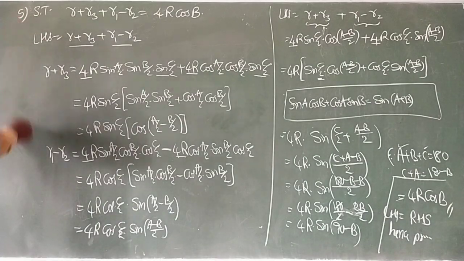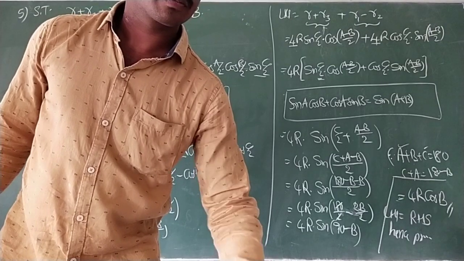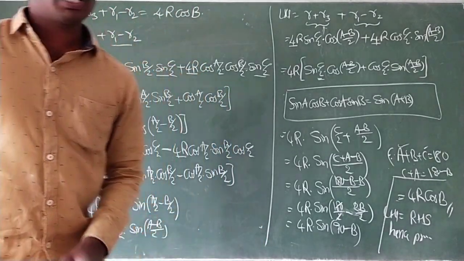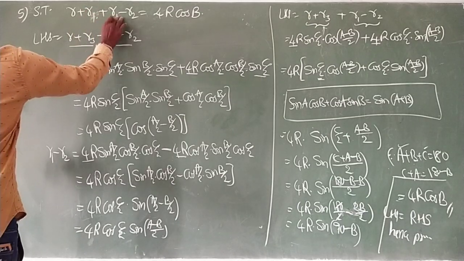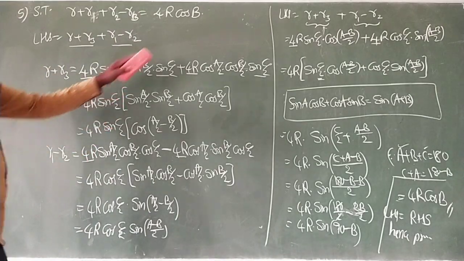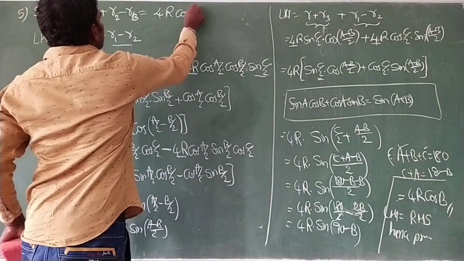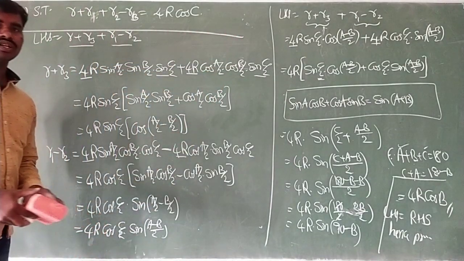Next, similarly for the fifth question. Same type of question. Show that R plus R1 plus R2 minus R3 is equal to 4R cos C. So this problem, how can we do?